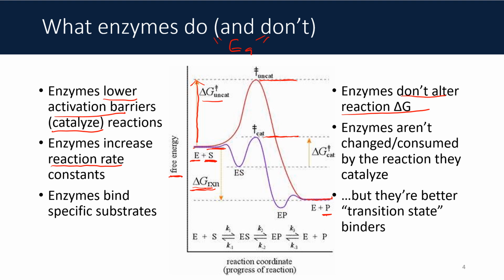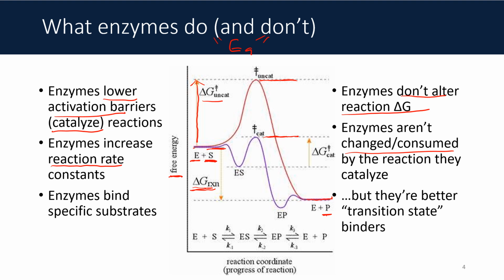Another important fact about enzymes is that they aren't changed or consumed permanently by the reaction that they catalyze. They will guide our substrate through that shortcut, that mountain tunnel, but they are going to be completely unaffected by it. And they are happy to go back to the beginning and chaperone another substrate along that shortcut.